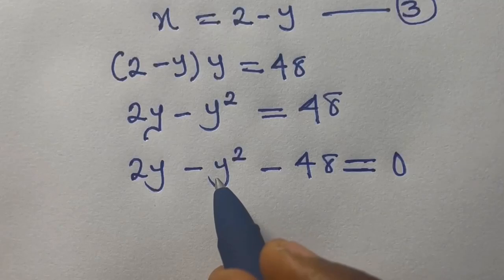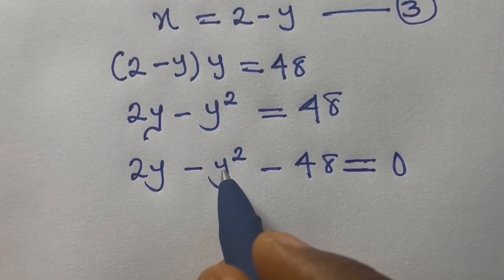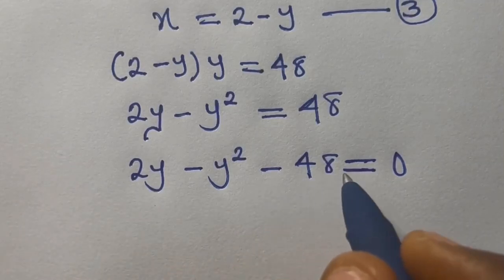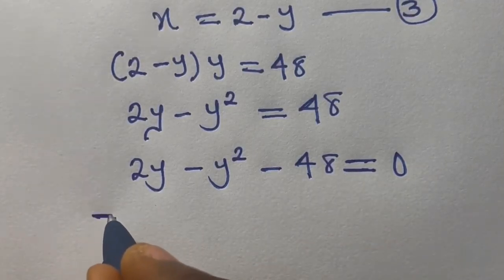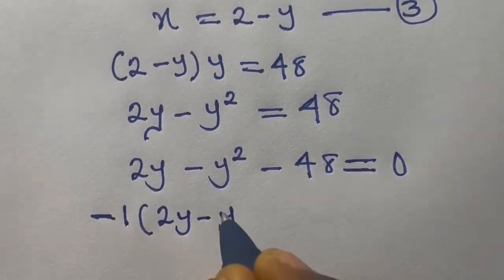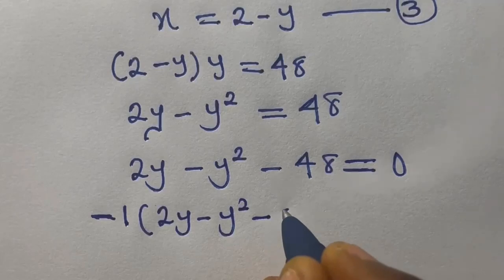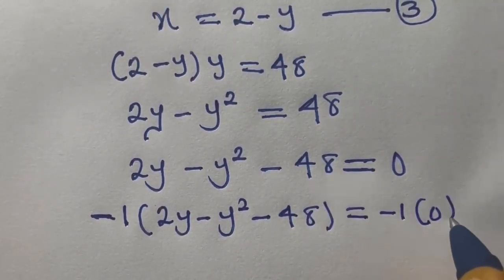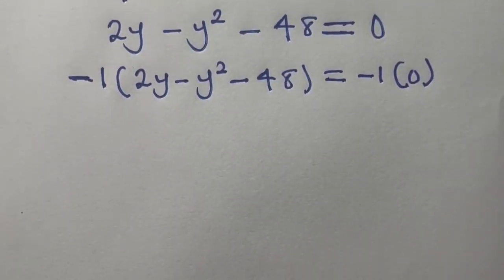So here we want to make y square our first term. So then we can easily multiply both sides by minus 1. So we have minus 1 multiplied by 2y minus y square minus 48 equals minus 1 times 0. Alright.